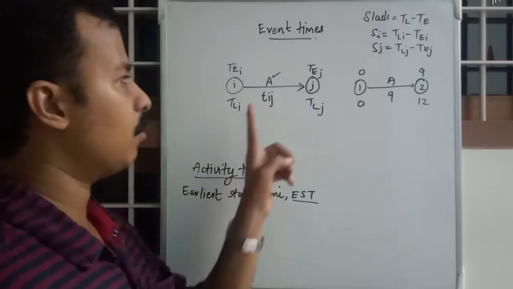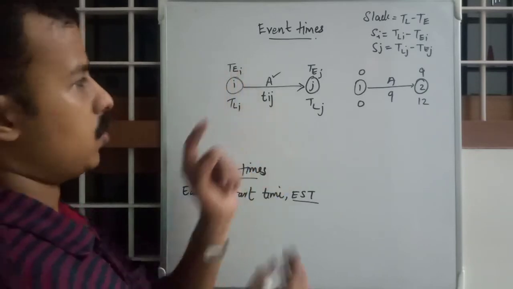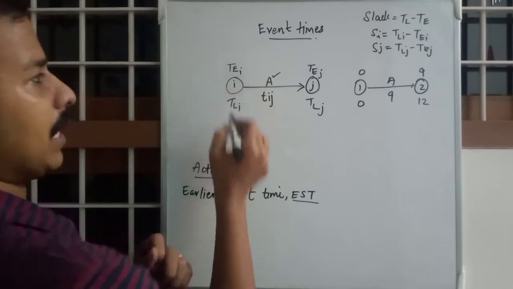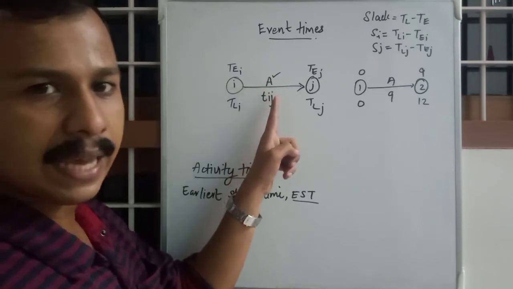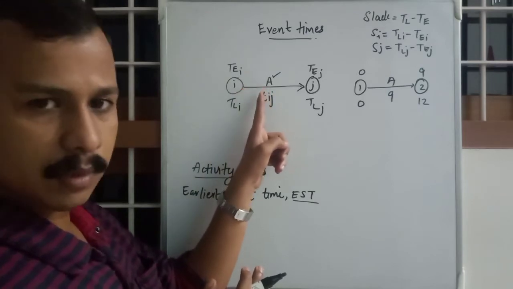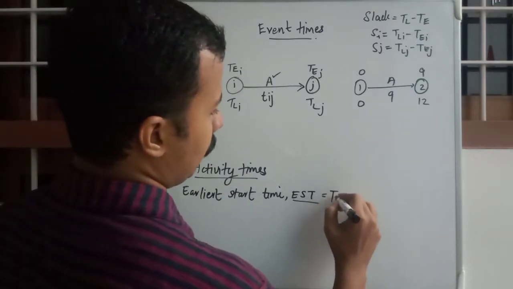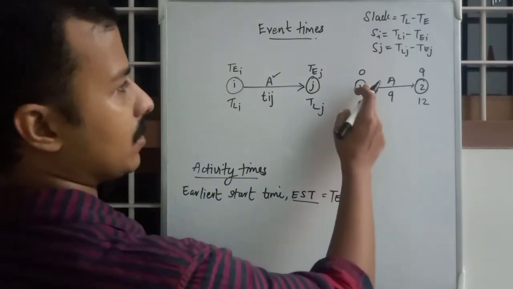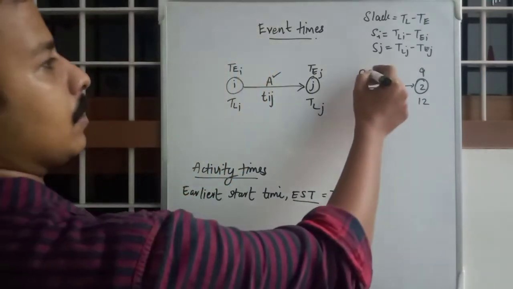It is TEI, because TE was the earliest occurring time of event I, and event I is the starting of activity A. So keep attention: TEI itself will be the EST, as in this example, 0.